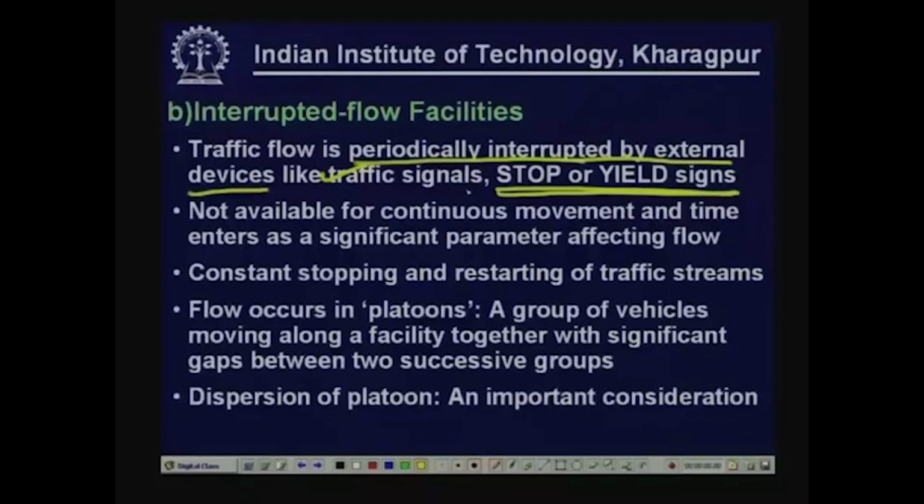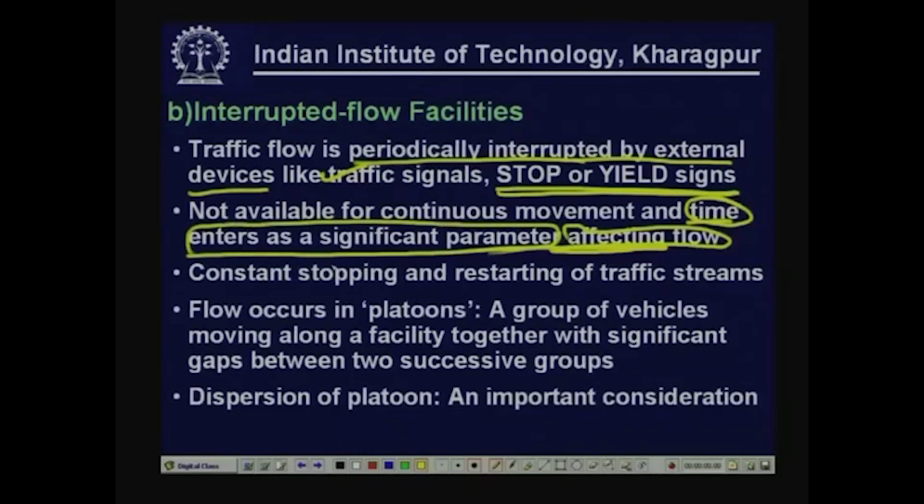Vehicles do stop and start; at signals vehicles periodically stop and again they start. So, therefore, the facility is not available for continuous movement, and remember that time enters as a significant parameter affecting traffic flow. So, time is a significant parameter that is entering in the overall process.